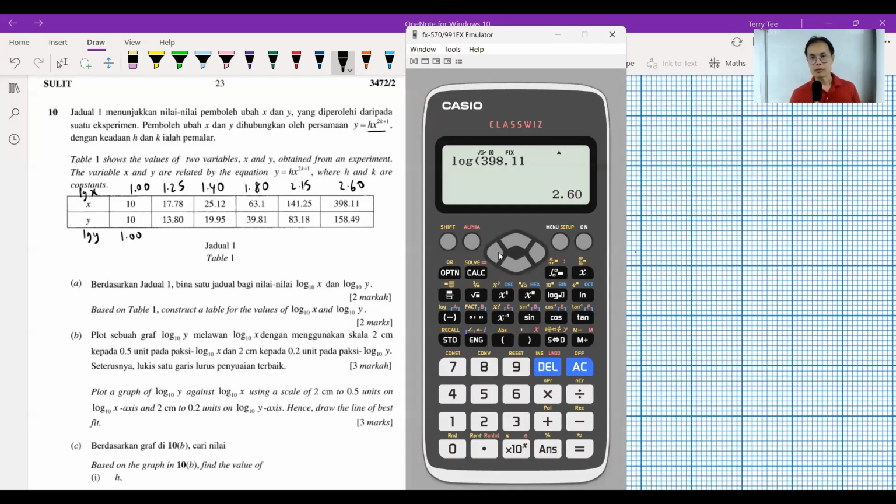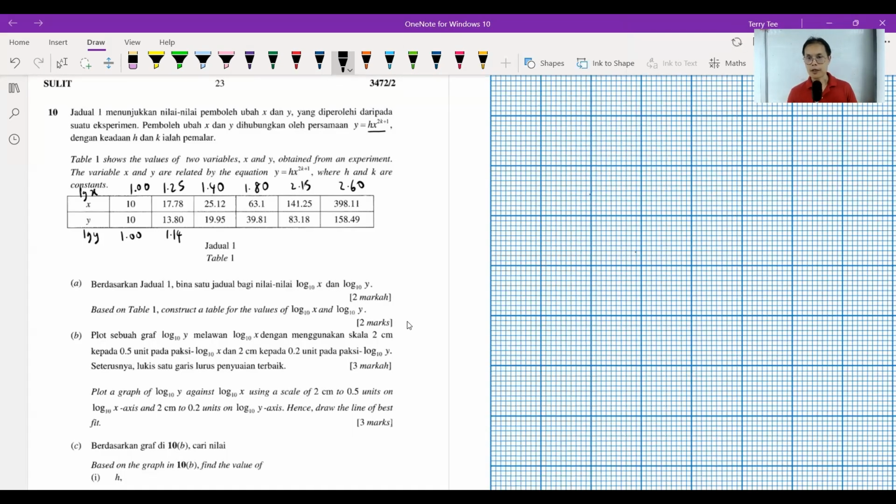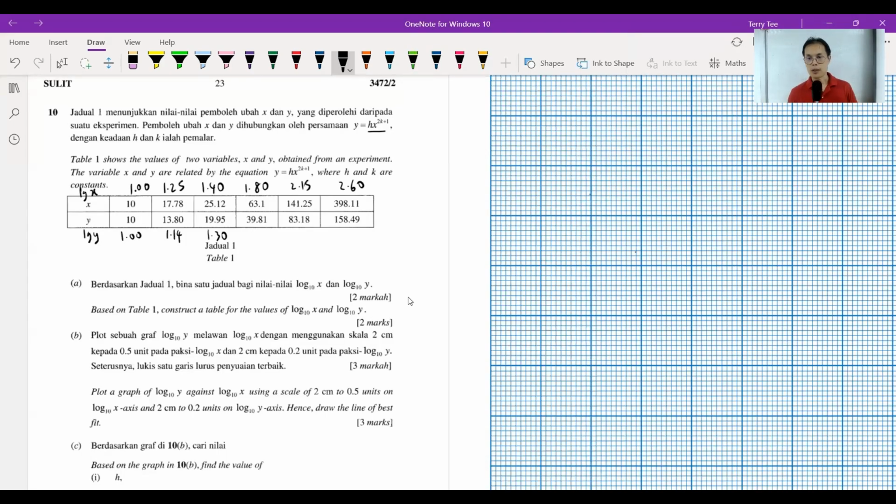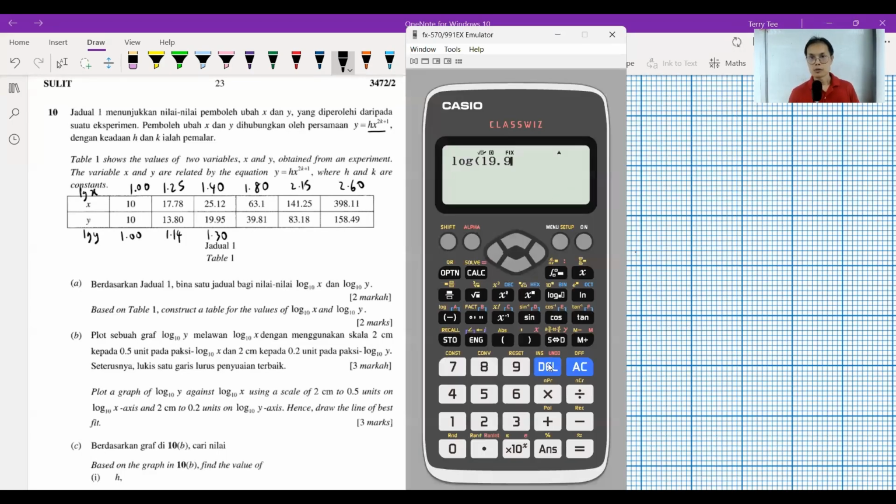Standardize it. Now, next one, log 13.8. This will give us 1.14. Log 19.95. This will give us 1.3. 39.81.